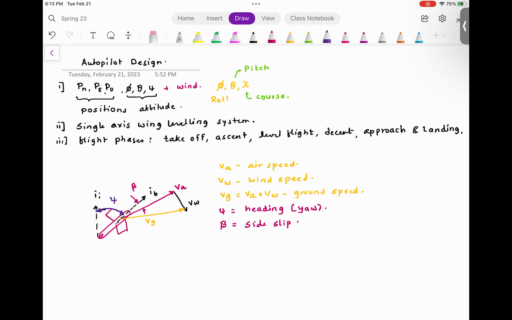Now, please understand, wind is moving the aircraft away from the direction in which it should ideally be going. So if you look at this complete angle all the way from here to here, this is called chi, or course.